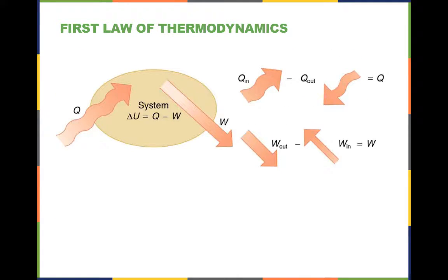So here's a diagram to help show what I've just said and help review this. Here's the formula. Here is heat added to the system, so it's positive, and work done by the system, so it is also positive. So the internal energy is decreased by work done by the system and increased by heat added to the system.